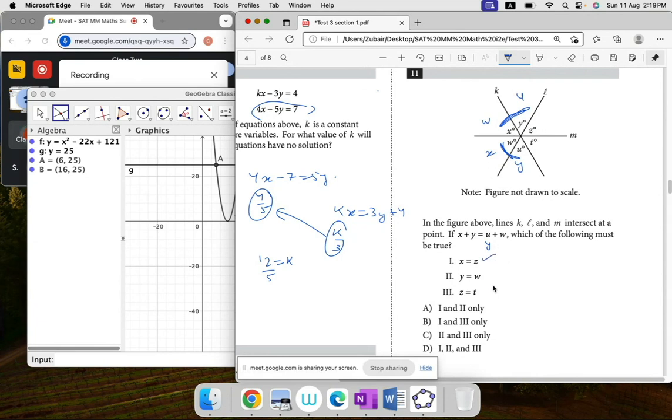Y is equal to w, I cannot see that. And z is equal to t. Z is actually equal to x, and x is equal to w, and w is equal to t. So yes, 1 and 3. What do you say? Any doubts? No, sir.